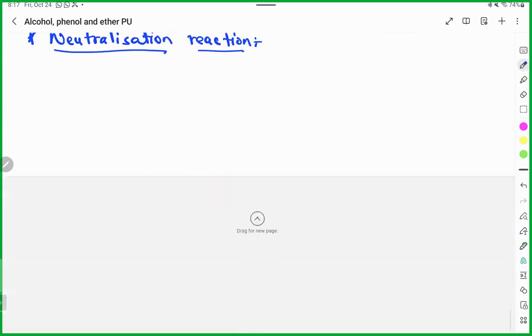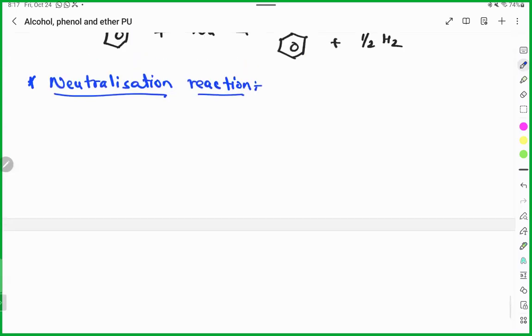Yeah. So this is the basic reaction you must have studied in 8th or 10th class, right? When acid reacts with base and forms salt along with water, this is a neutralization reaction. In thermochemistry, you have heat of neutralization as well. Like this is one of the important concepts.